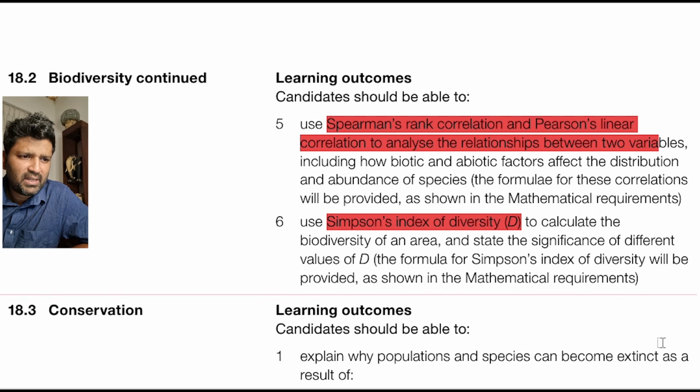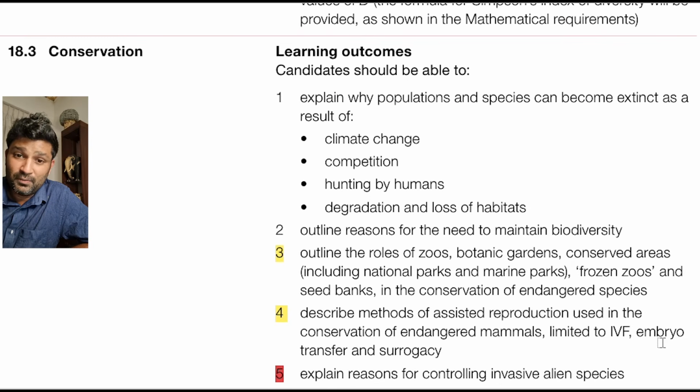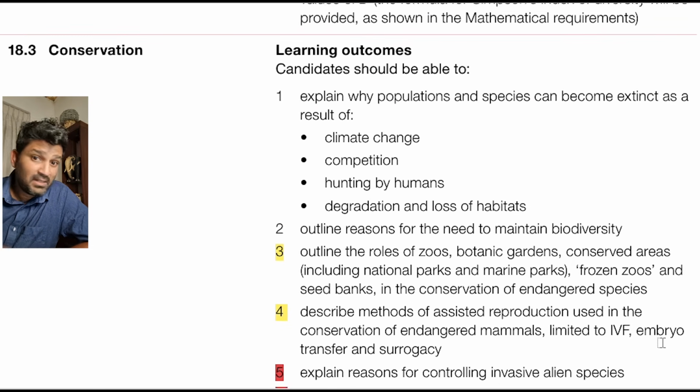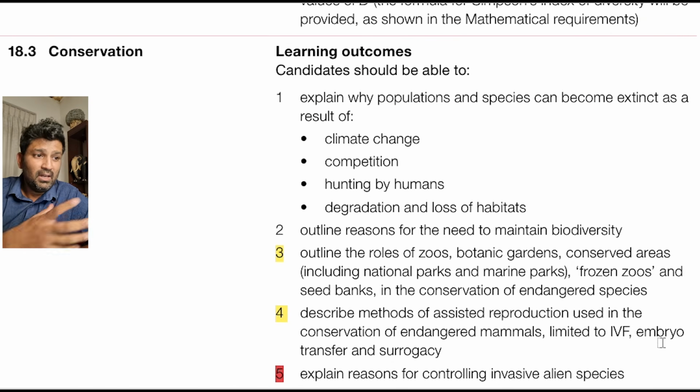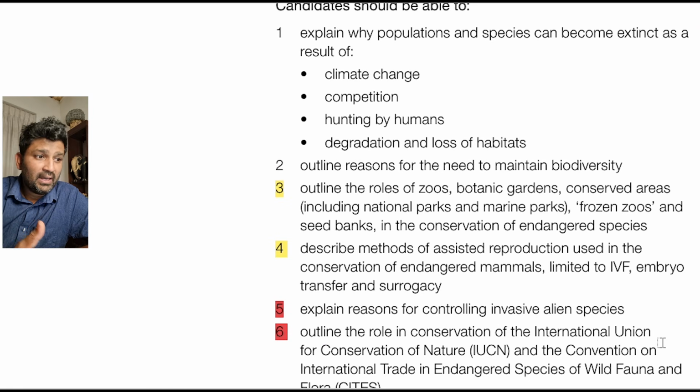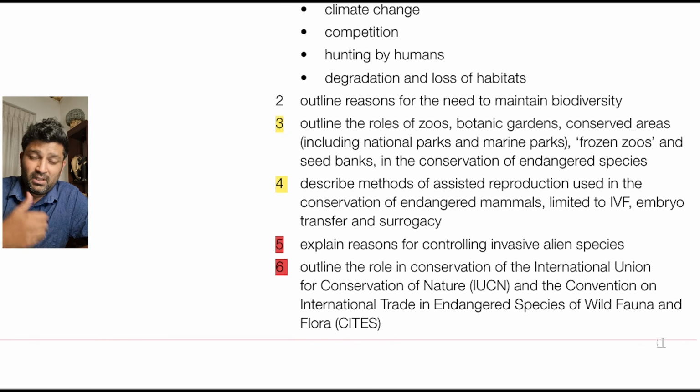But some of the things that I feel had not been tested much are these red areas about the role of the different conventions, like the IUCN and the CITES convention, the good side of it, and even the bad side of it, because you probably would know that something like the CITES convention is done with good intention, but the black market obviously increases because of this. So you might want to go through the pros and the cons behind these as well.